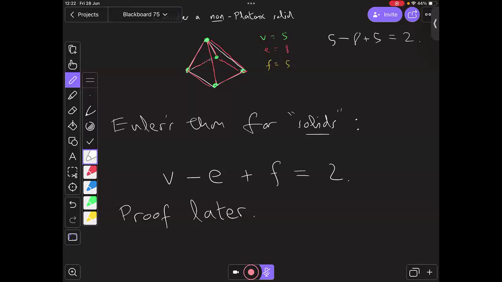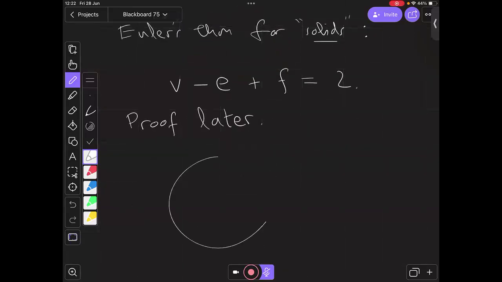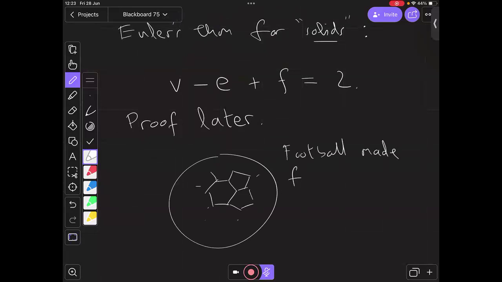If you want to take a nice example, if you take a football, many of you know that footballs often have a patchwork on them like this. You've seen this. So a football is made from hexagons and pentagons.